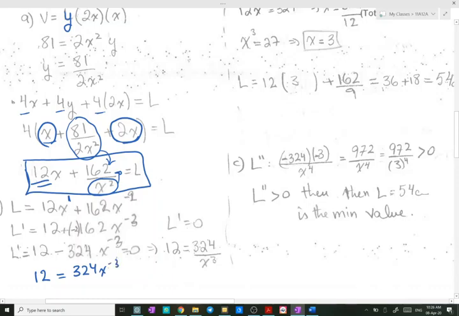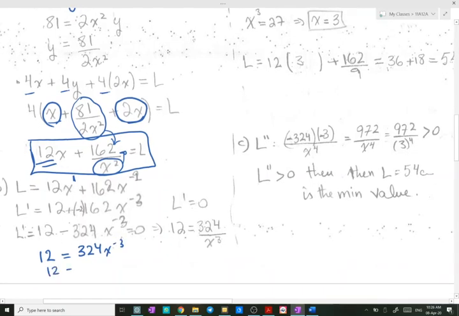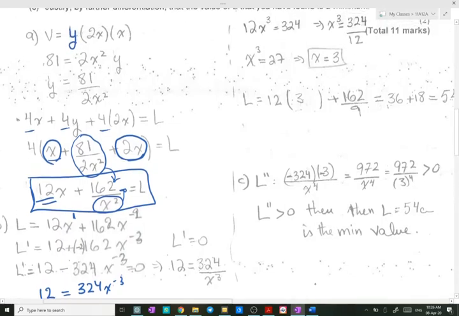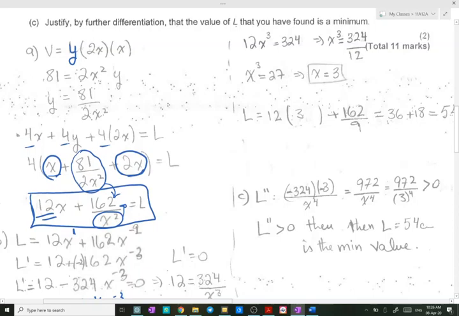So this is actually 12 equals 324 over x cubed. Cross multiply, you get x cubed equals 324 over 12. Therefore x cubed is equal to 27. Cube root 27, you get x equals 3.